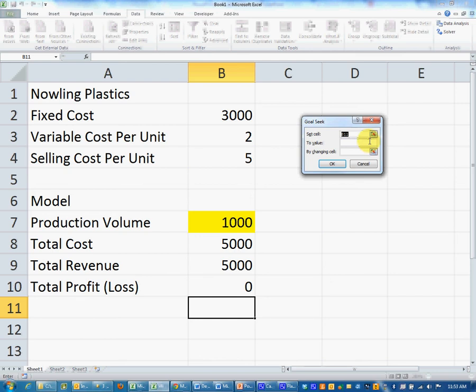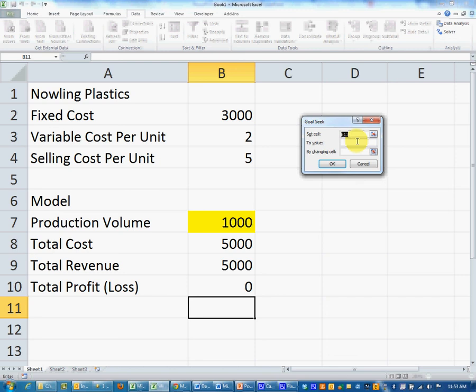Okay, now let's experiment a little. How many do I have to make for a profit of 10,000? I'm not going to do it for you. I want you guys to do it, and I'll do it in a second.